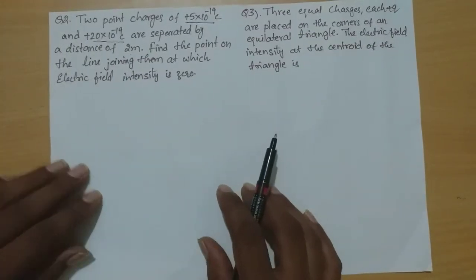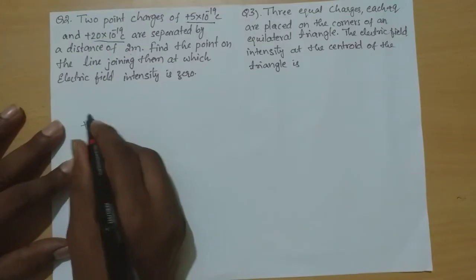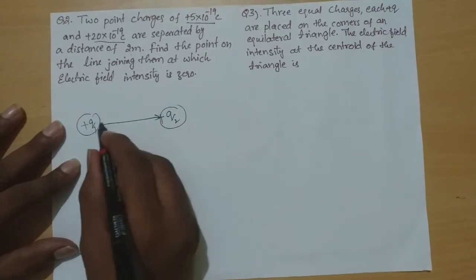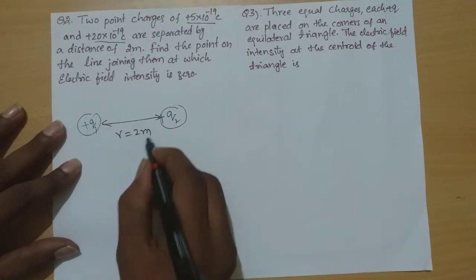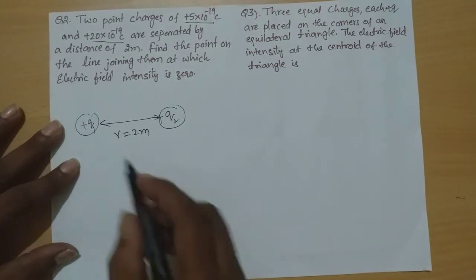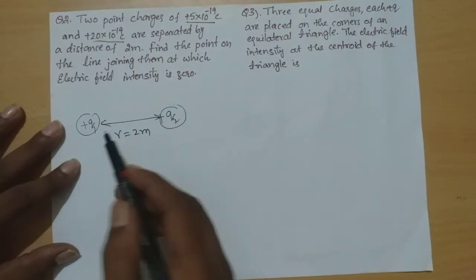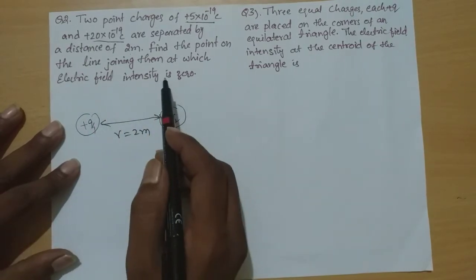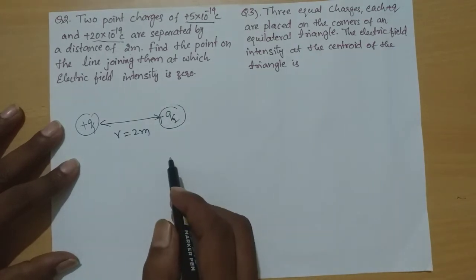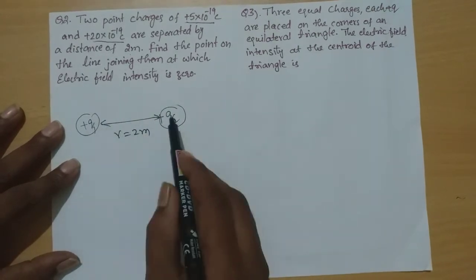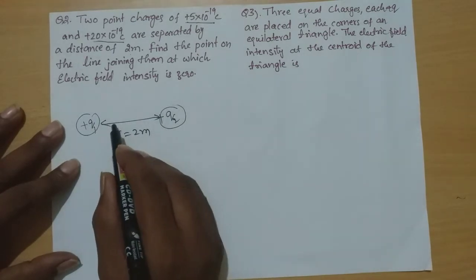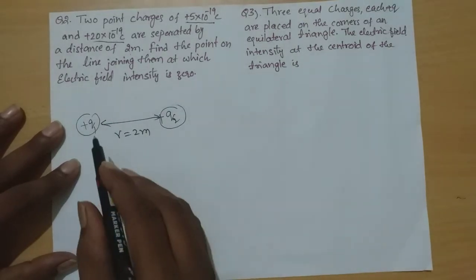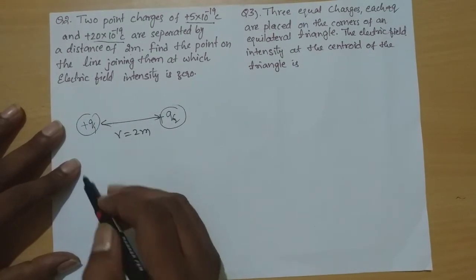So remember this point: they gave two positive charges, q1 and q2, separated by a distance of 2 meters. If both charges are of the same sign, then the electric field intensity becomes 0 somewhere between these two charges on the line joining them. This point is near the charge which has the smaller magnitude.